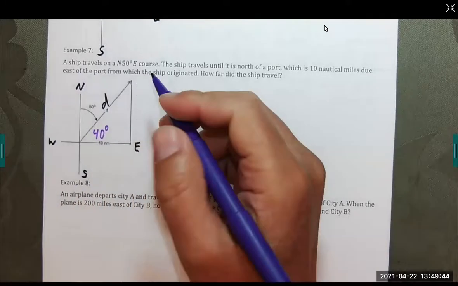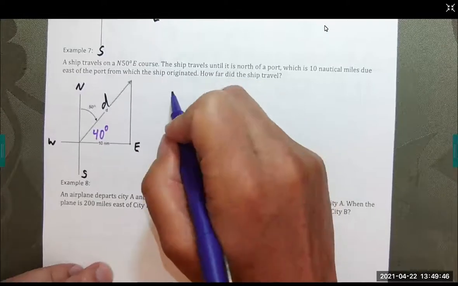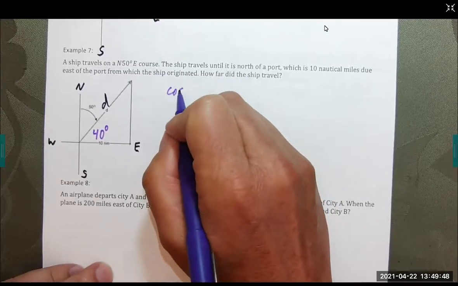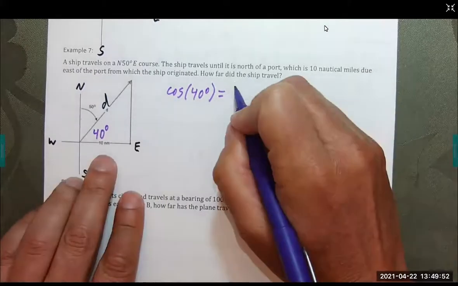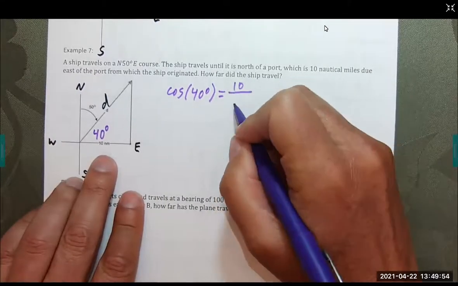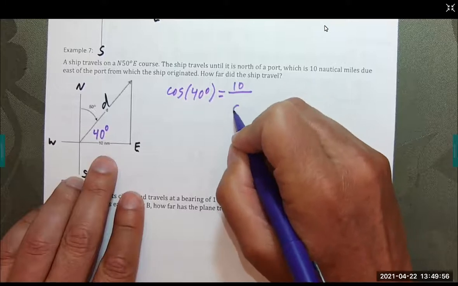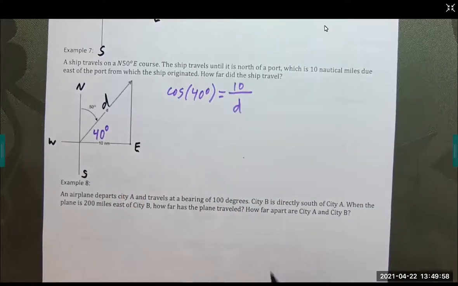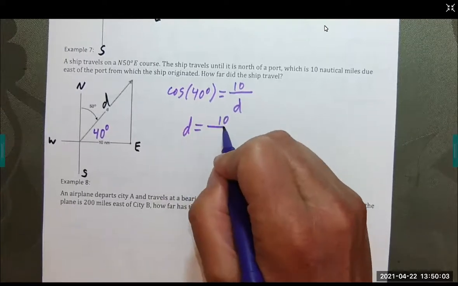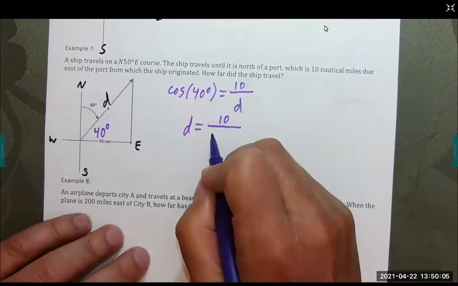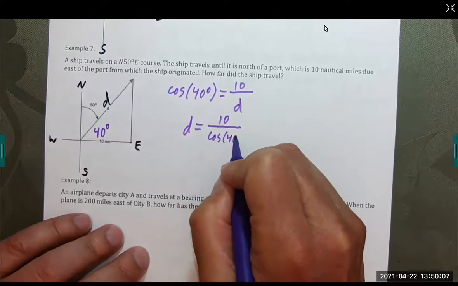That means cosine. So the cosine of 40 degrees is 10 divided by D. And using a little bit of algebra, that gives me that D is 10 divided by the cosine of 40 degrees.